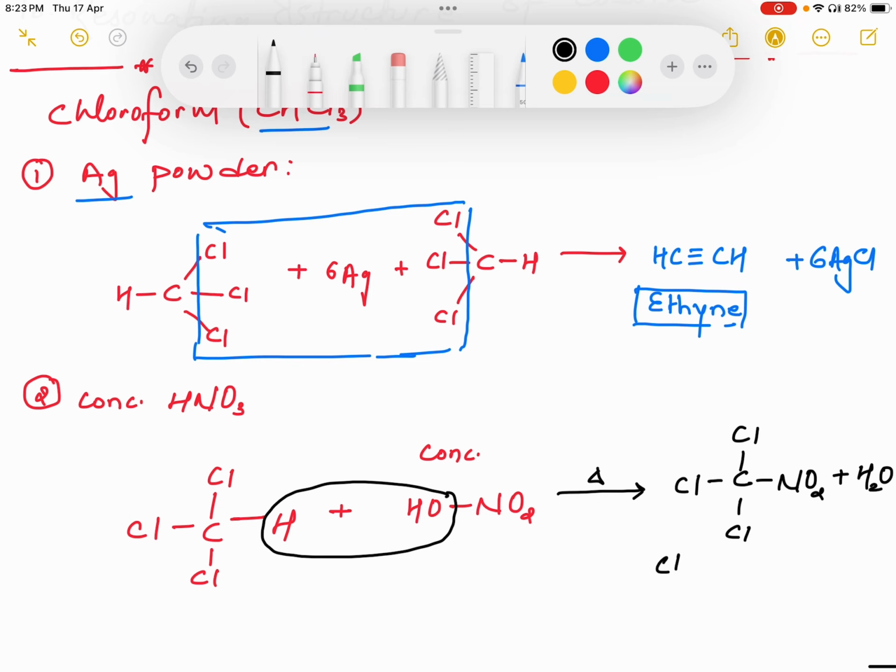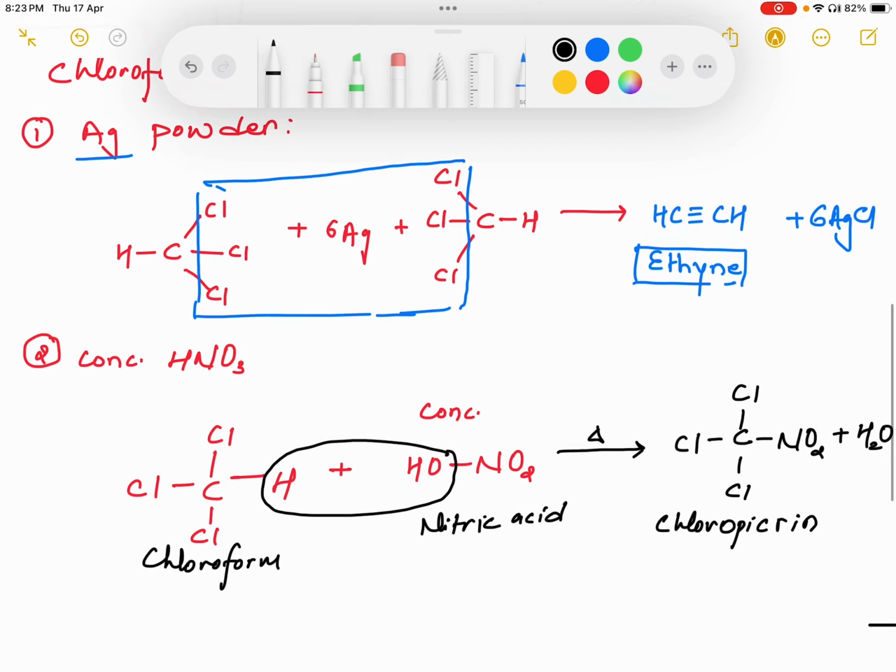We call it chloropicrin, or you can also call it trichloronitromethane. This is our concentrated nitric acid, and this one is your chloroform. Okay, so let's move on to the next one.